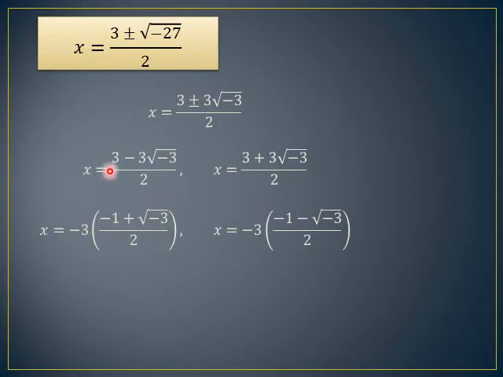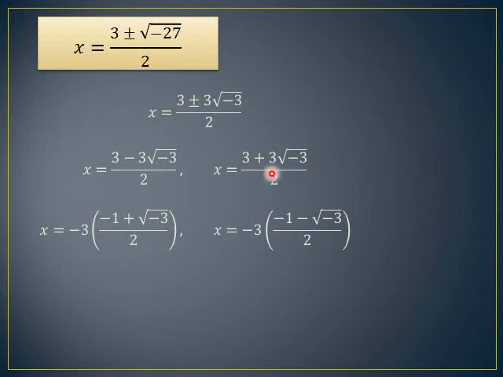But here we were having plus. So to change that plus sign to the minus sign, we have to take minus as the common sign. So taking minus 3 as common, this plus 3 will become minus 1. This minus will be changed to plus, and 3 is outside the bracket, so only under root minus 3 will remain, and the denominator 2 will remain the same.